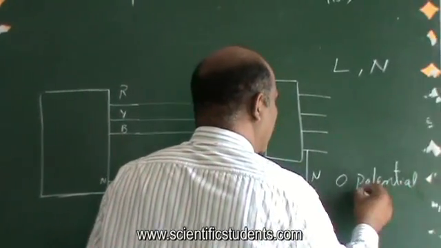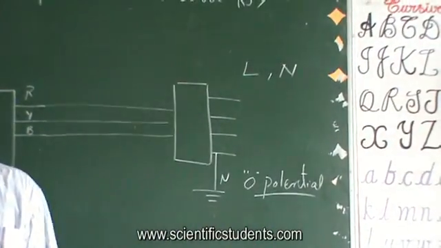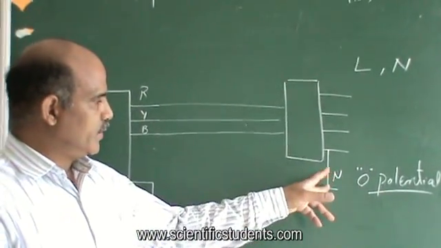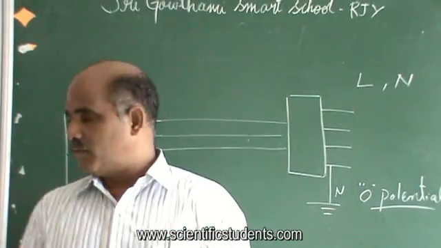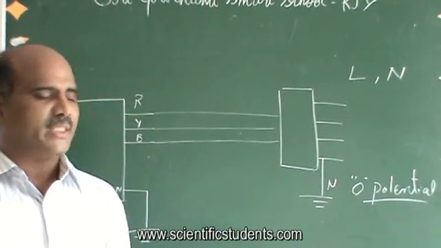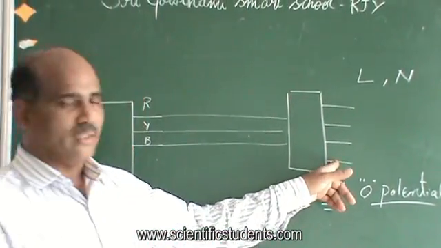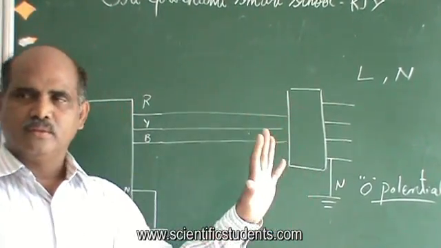Now here is a new term called potential. Zero potential. So with reference to this neutral, we always measure the voltage. Whatever voltage or pressure you measure is with respect to the neutral in alternating current power distribution.